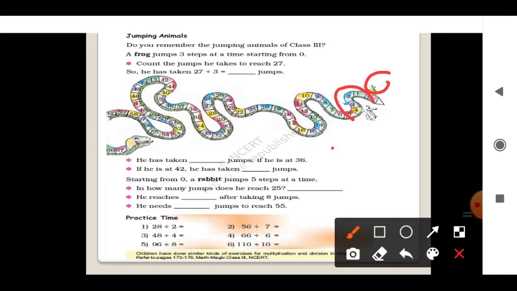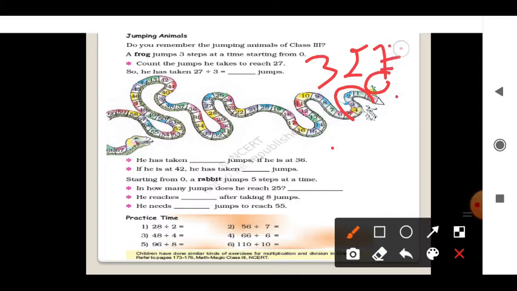Count the jumps it takes to reach 27. What is the jump count? You need to find. So we take 27 divided by 3. Every jump is 3 steps, and we need to count the jumps to reach 27.